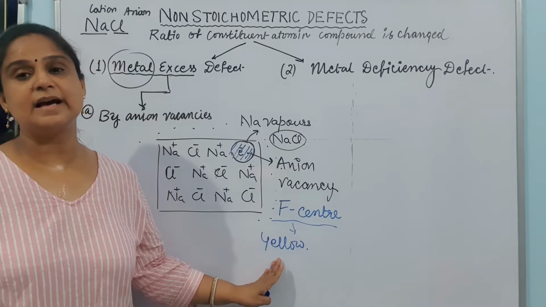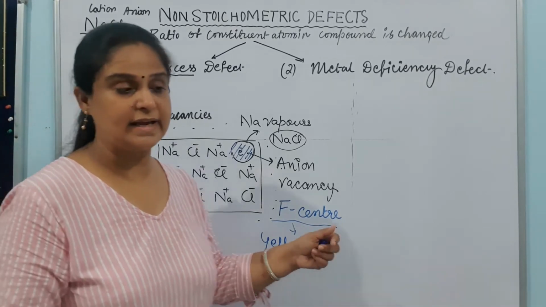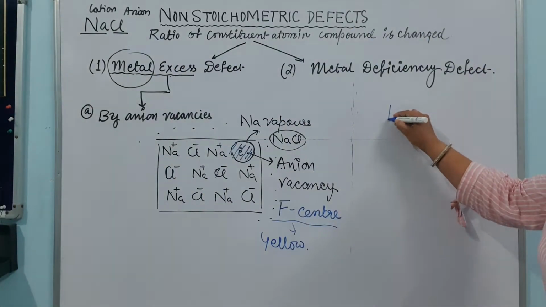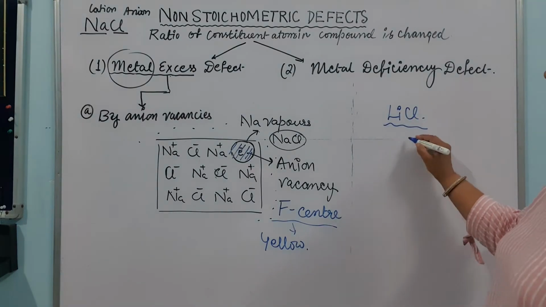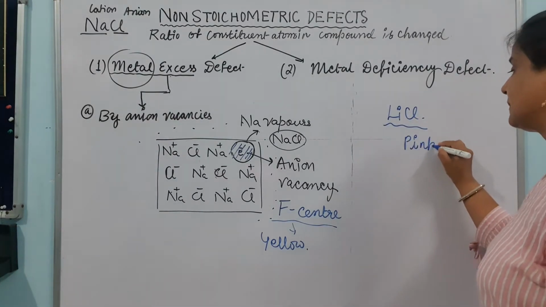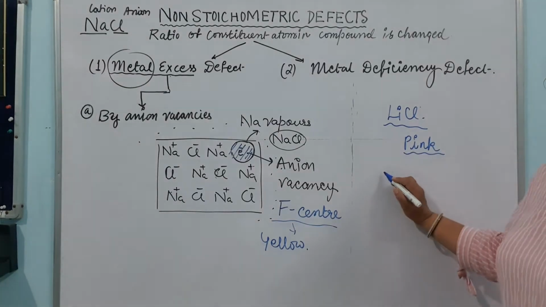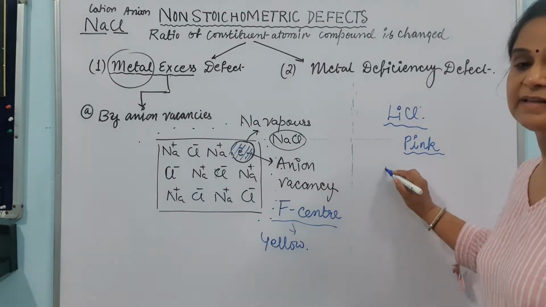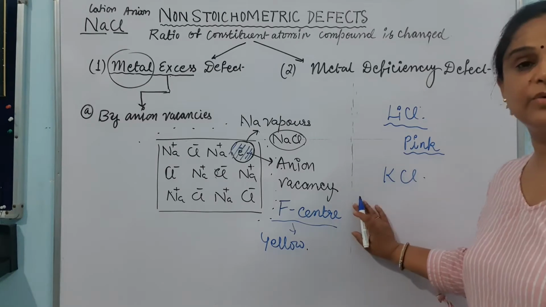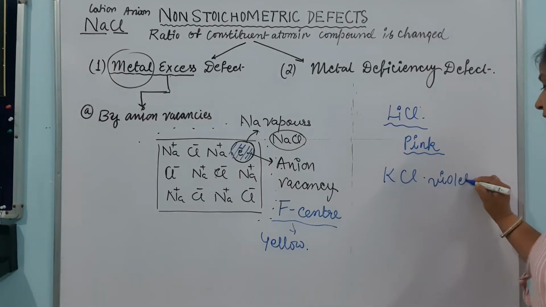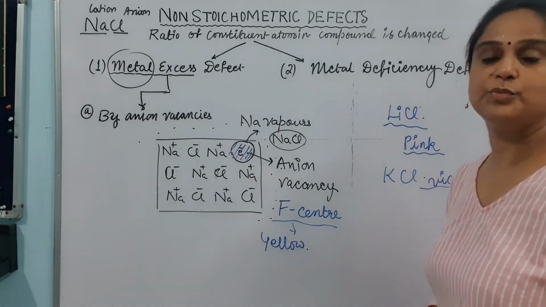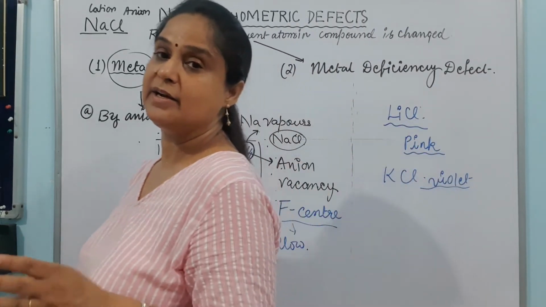Same reason lies in the color of many of the crystals like lithium chloride, LiCl. This LiCl becomes pink in color. What is the color of LiCl? It is pink in color. One more example is given in your NCERT, and that is KCl, potassium chloride. The violet color of potassium chloride. What is the color? Violet color of potassium chloride is also assumed to be because of the anionic vacancy.